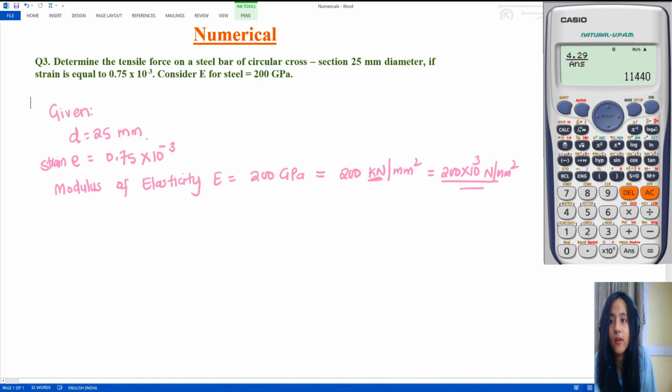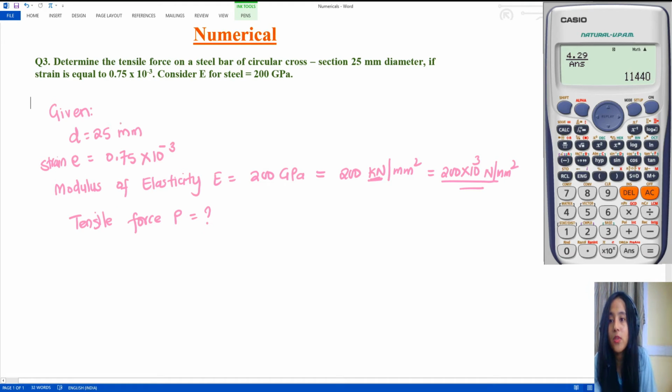And what have they asked us to find? They have asked us to find tensile force. Tensile force P is what we have to find.